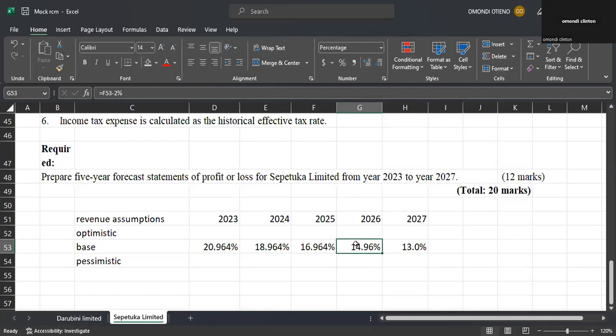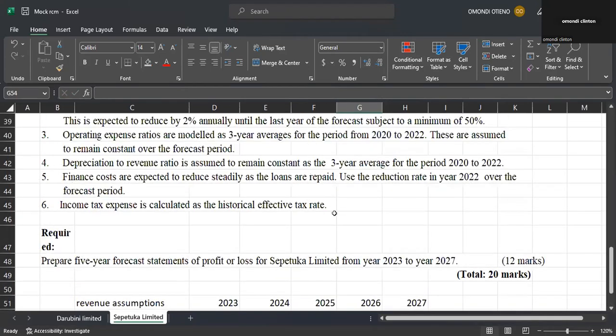Like this one here, it is not 15%, but when you reduce it to 1 decimal place, you will see it reflecting 15%. So this 14.96 is less than 15, and therefore we need to insert 15% there. The same applies to 2027. So I believe that's now clear.